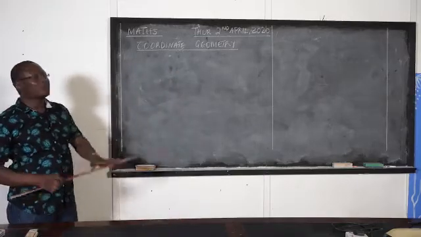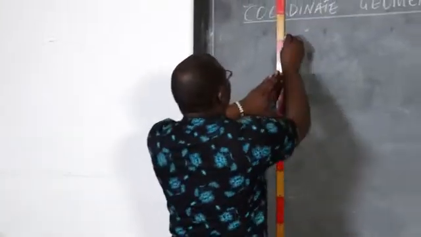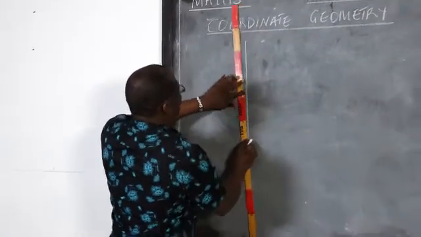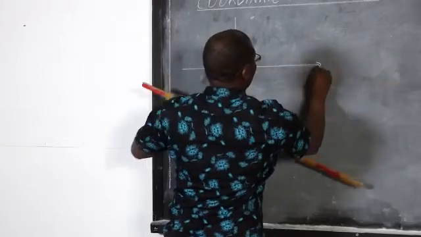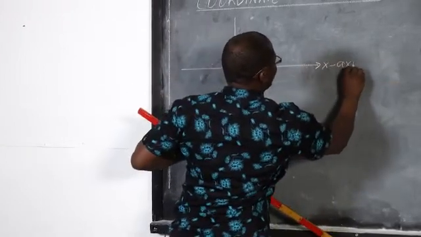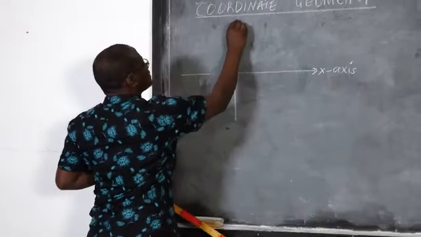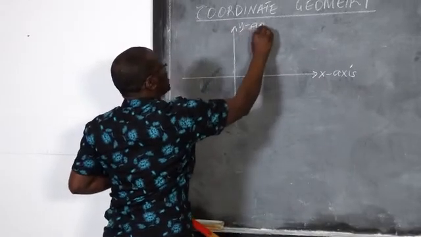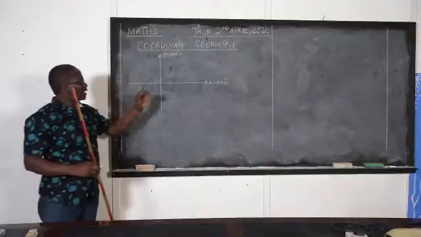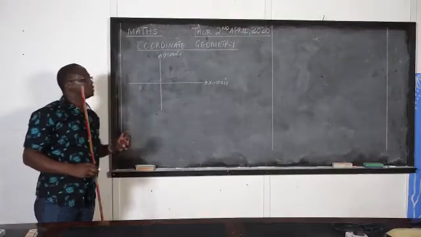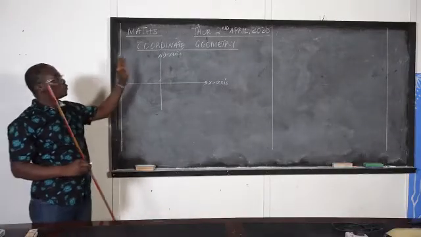When I talk of a Cartesian plane, this is what I talk about. We have the x-axis and the y-axis. This is a Cartesian plane in 2 dimensions. Normally it is divided into 4 components.